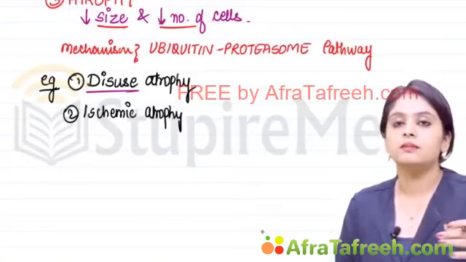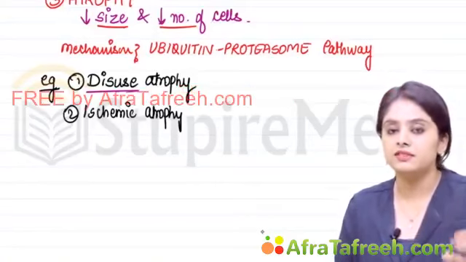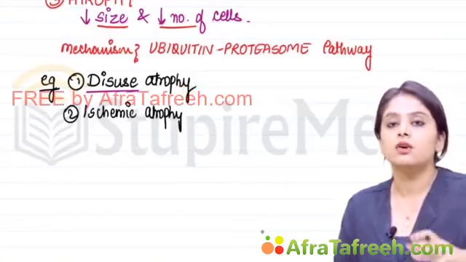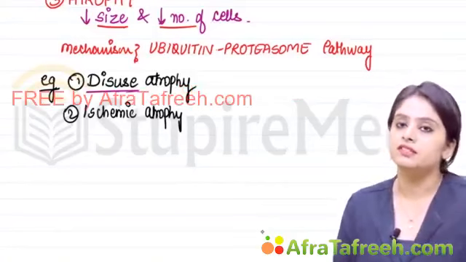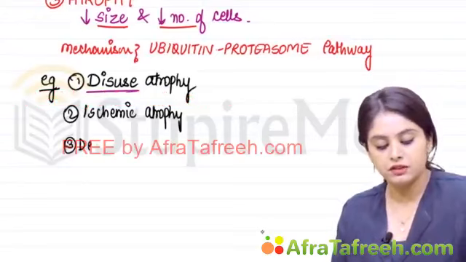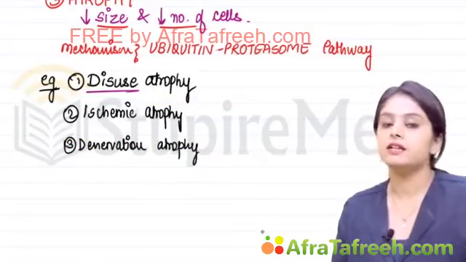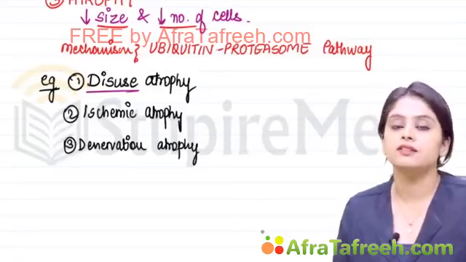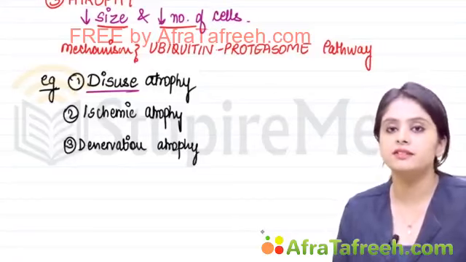No. The blood supply becomes slow, becomes less, is cut off. The organ is going to undergo atrophy, ischemic atrophy. Similarly, if I cut off the nerve supply, we are going to call it denervation atrophy. If I cut the nerve supply of an organ, again the size and the number of the cells will decrease.